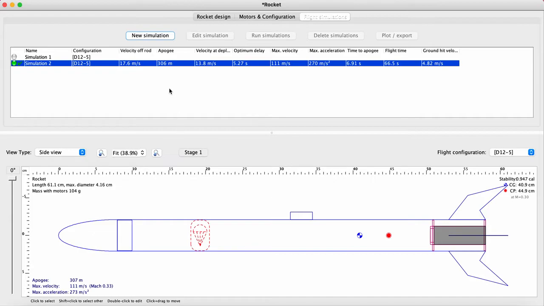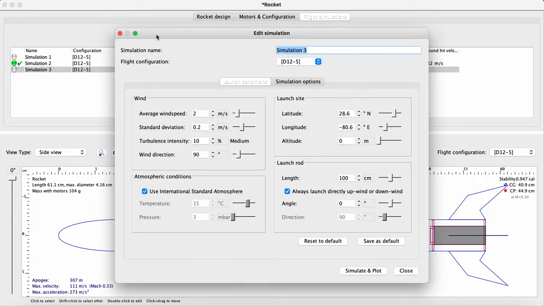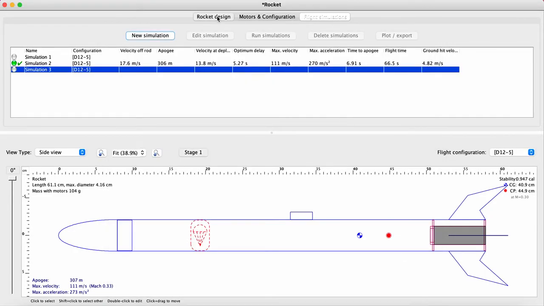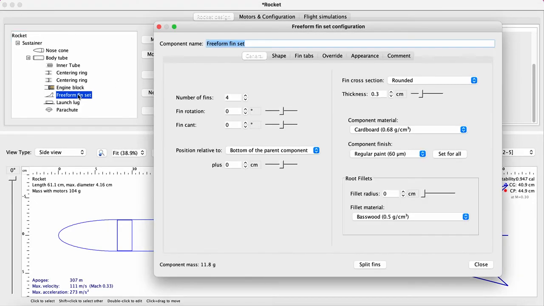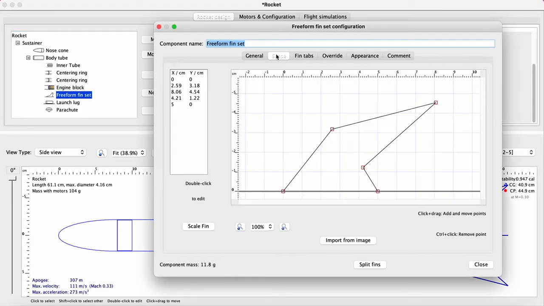Now I'm just going to show you how to edit one thing. So new simulation. Close. I'm going to go back to rocket design, select the body here, go to my fins, double click on that, and change the shape of the fins.